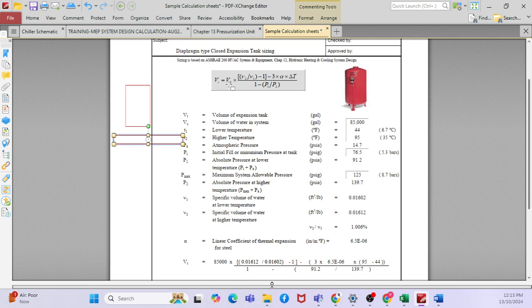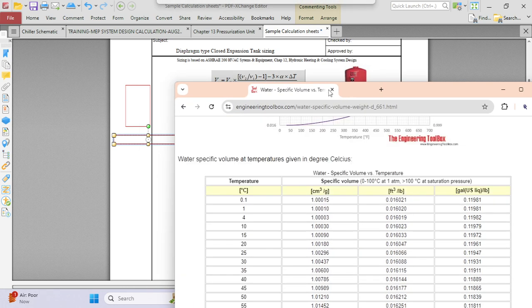Now you can see the equation: Vt = Vs × [(V2/V1) − 1 − 3αΔT] / (1 − P1/P2). Also, from the manufacturer's catalog, you can see the system volume at different temperatures.